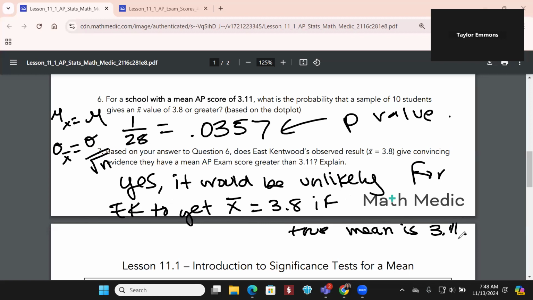So it's kind of like, I feel like AP Stats is very much like a gossipy kind of thing. Think about it this way. If Patricia said this about Ryan, then Ryan didn't do it. It's very gossipy. It's highly unlikely that East Kentwood is going to get a mean of 3.8 if the true mean is actually like 3.11. Exactly.